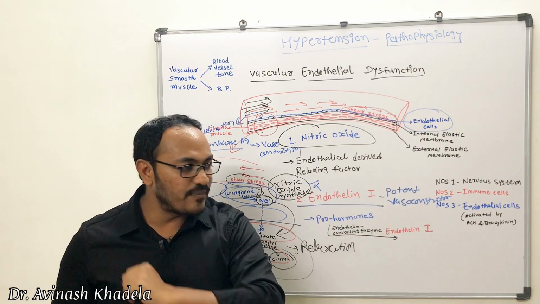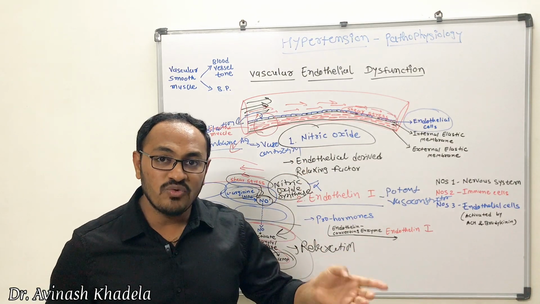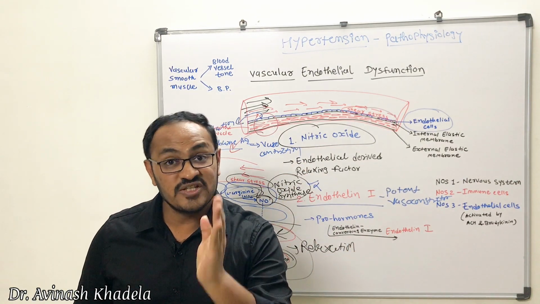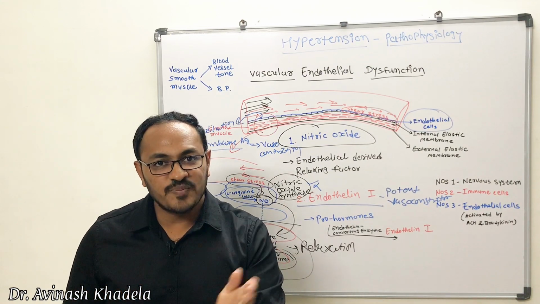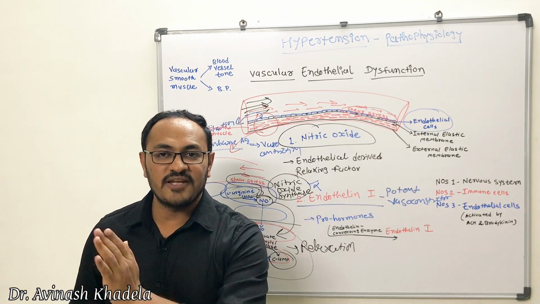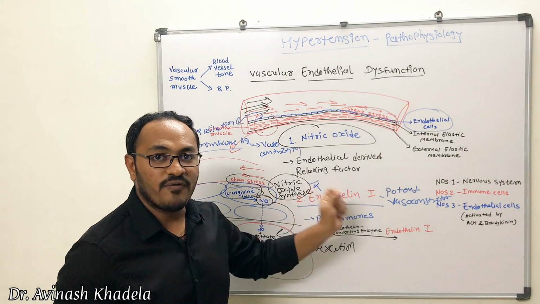There are two types of receptor for endothelin 1. Endothelin 1 can bind to the endothelin A receptor, which is present in the vascular smooth muscle, and the endothelin B receptor, which is present in different parts like the urinary bladder as well as the intestine of the human body.